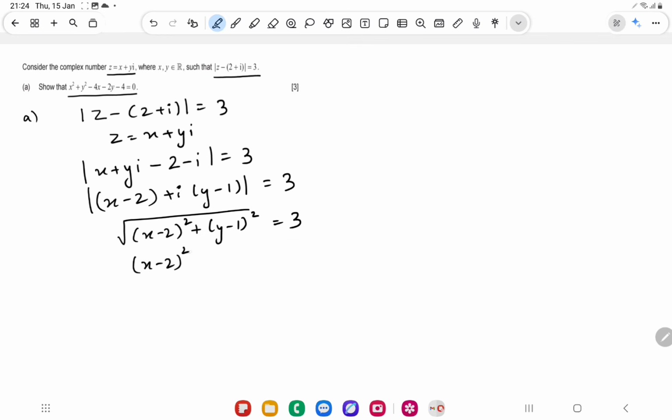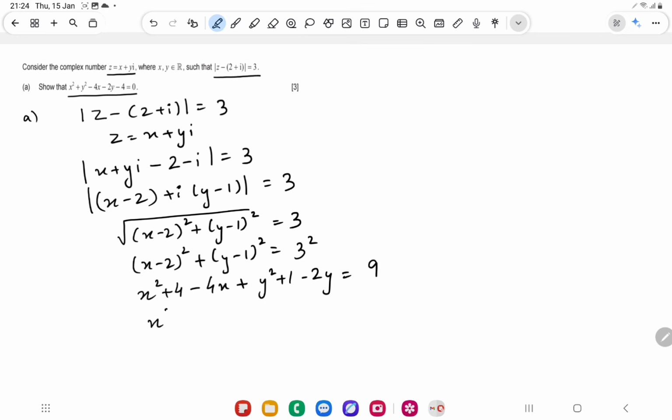So now I can remove this under root sign and write it as 3 square. Now I will apply (a minus b) whole square, so a square plus b square minus 2ab. Again a square plus b square minus 2ab is equal to 9.